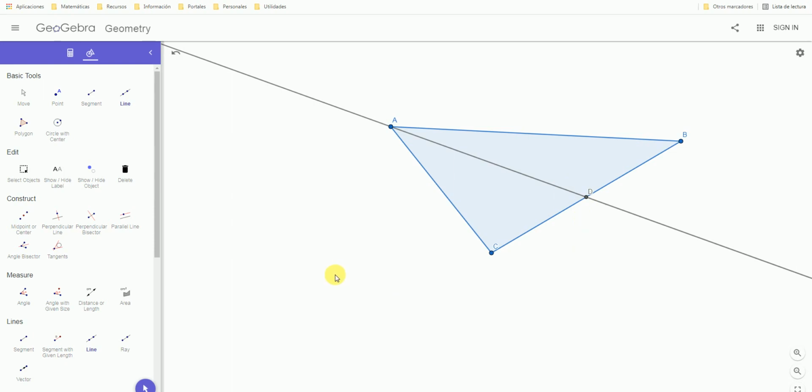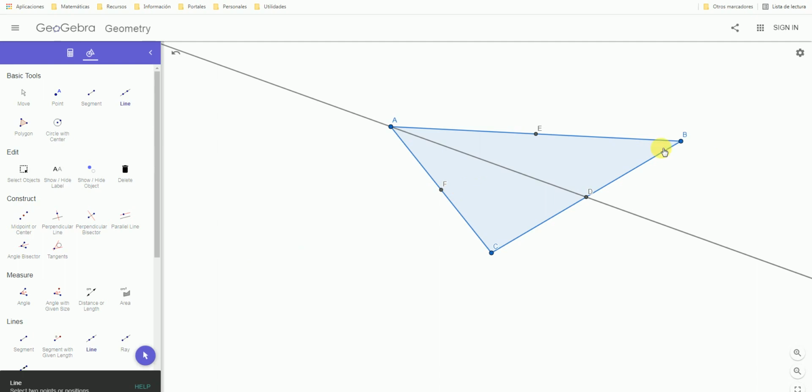This is the median. Let's draw the other two medians. So the other median goes from this point to the middle point of the opposite side, which is this one here. And now we find the other middle point here. This is the other middle point, and now we draw the other lines.